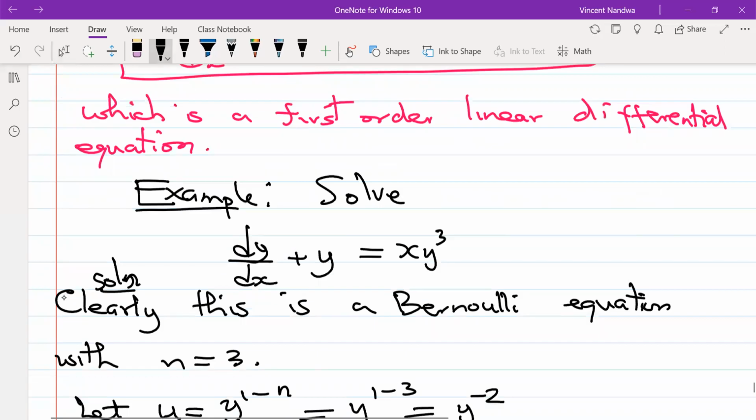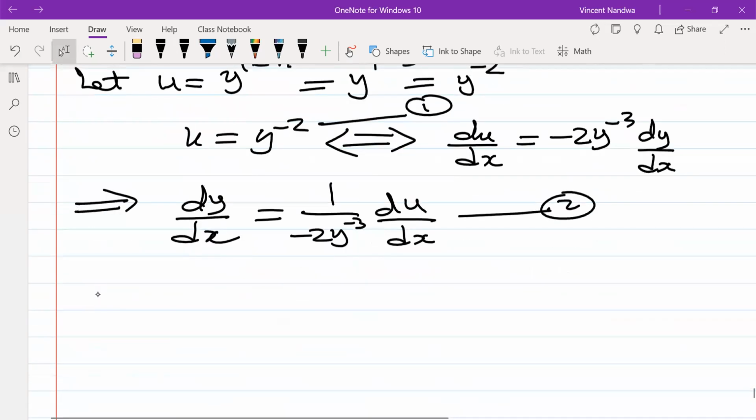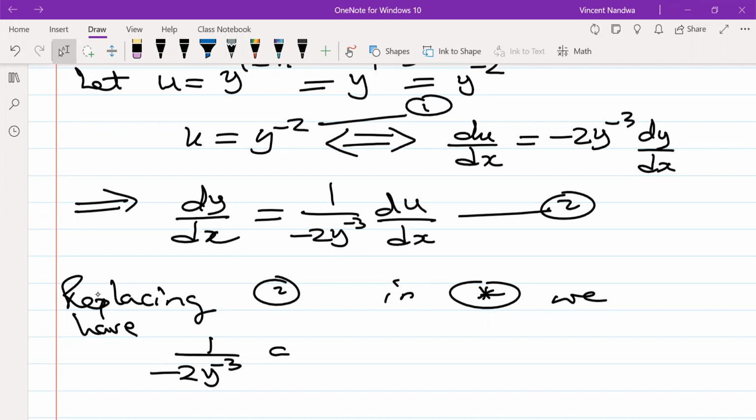So let me call the given equation star. Let me call this 1 and this one 2. So replacing 2 in star, where dy/dx is replaced by this, we have minus 2 y to the power minus 3 du/dx plus y equals x y to the power 3.